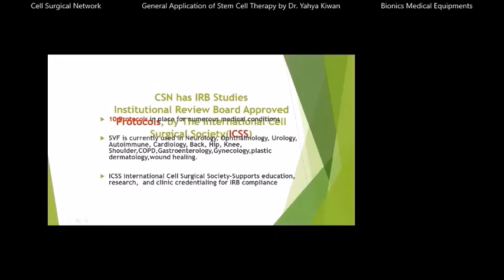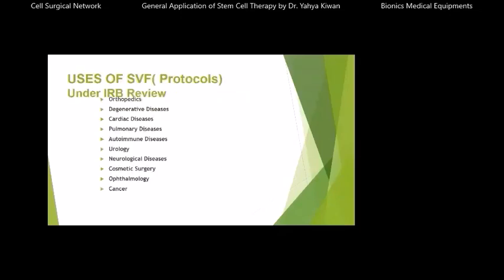Each condition, like neurological, joint disease, cardiology or urology, has its own protocol approved by ICSS. Now, uses of the SVF protocol, as I said, are orthopedic, degenerative, cardiac, pulmonary, autoimmune, urology, neurological, cosmetic, and ophthalmology.